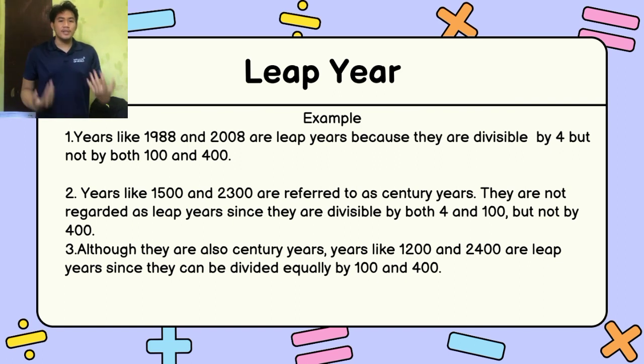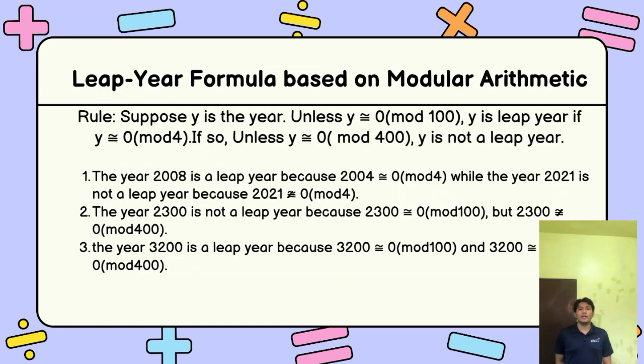In some cases, a certain year is considered a leap year if it is divisible not only by 4 and 100 but also by 400. This is the leap year formula based on modular arithmetic.